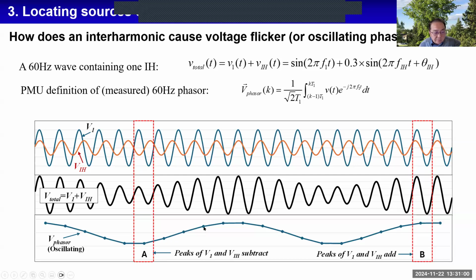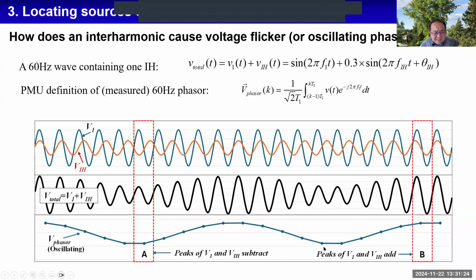This is the phasor result. The phasor result only gives you one dot per cycle. You can see that A obviously has a low magnitude because they cancel each other, and B has a higher magnitude because they add. That explains why interharmonics cause oscillation. Okay, interharmonics cause phasor oscillation.